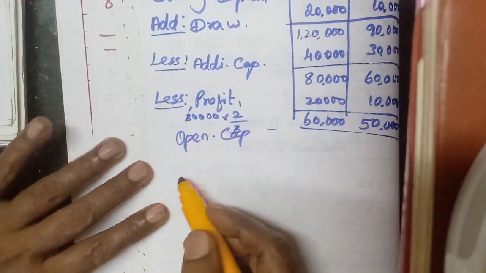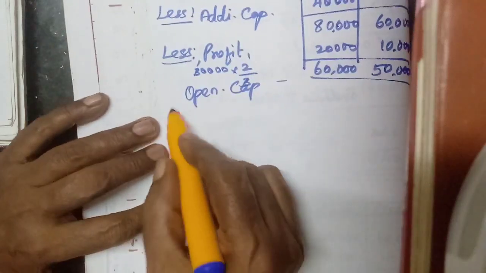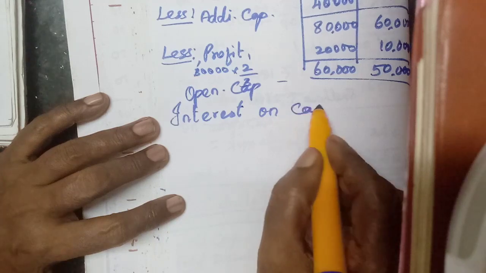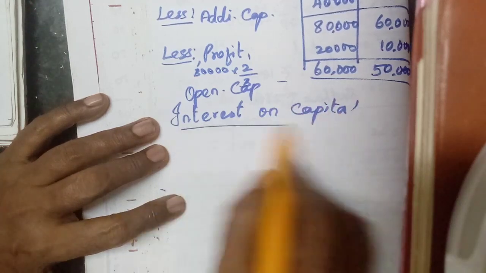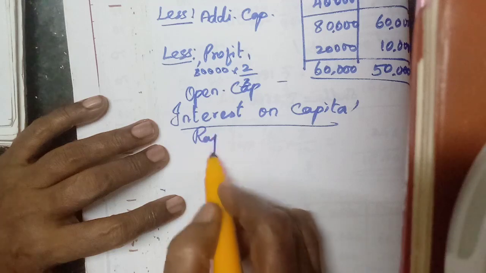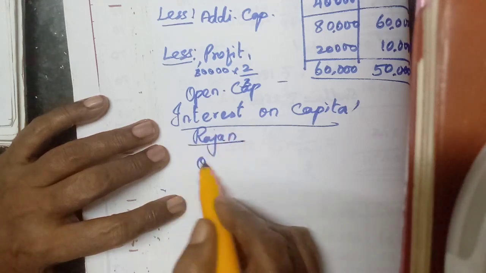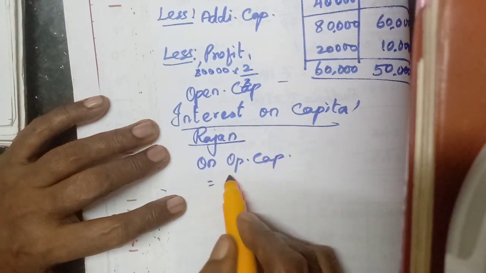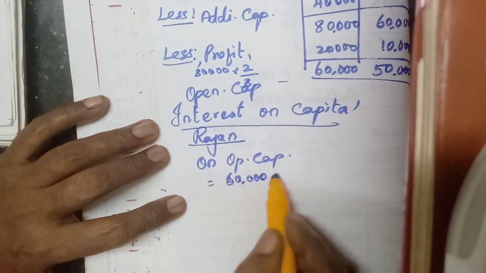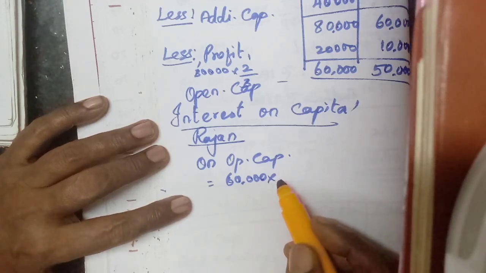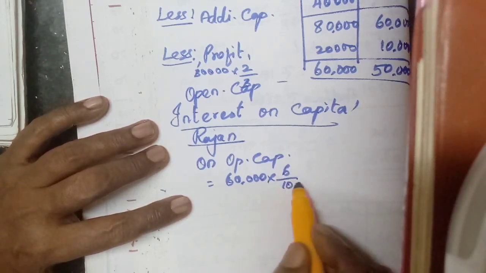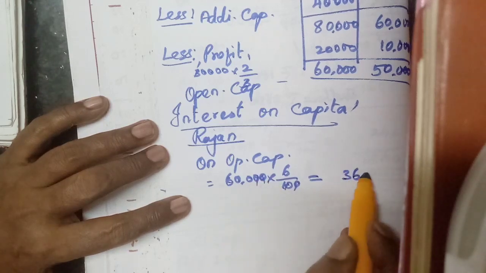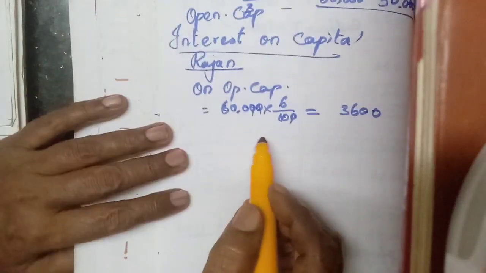Now we have to calculate interest on capital for both the partners. Interest on capital, first Rajan. First on opening capital. Opening capital is 60,000 into rate 6 by 100, that is 3,600.